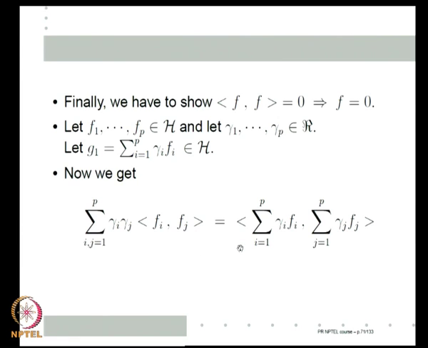We see that the inner product of f1 plus f2 with g is the inner product of f1 with g plus f2 with g, and similarly the other way, and hence this double summation can be written as the inner product between these two.